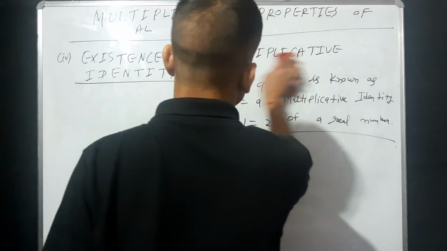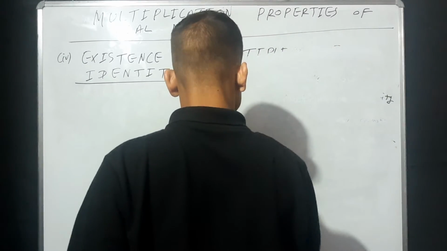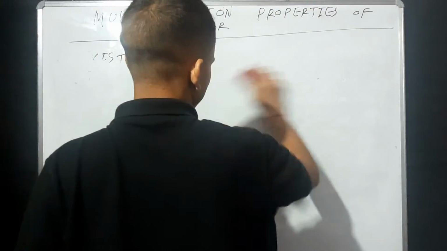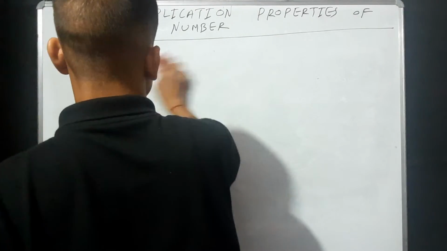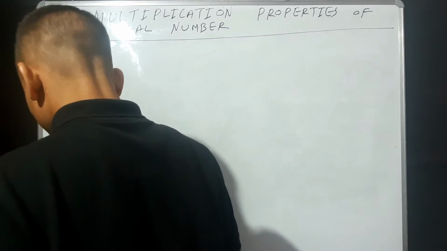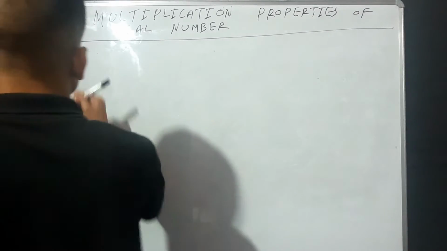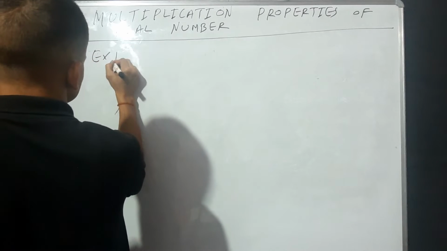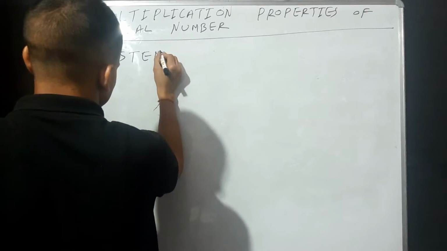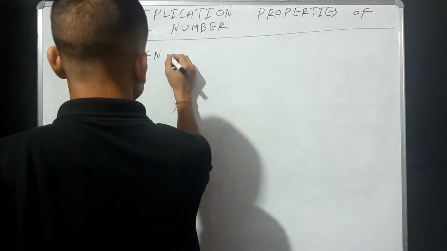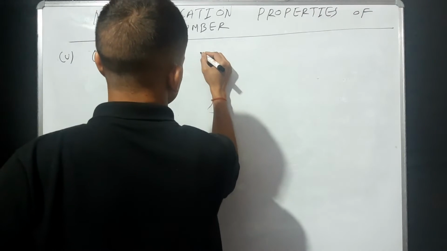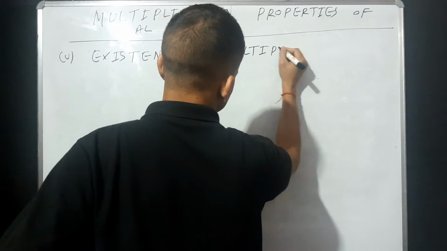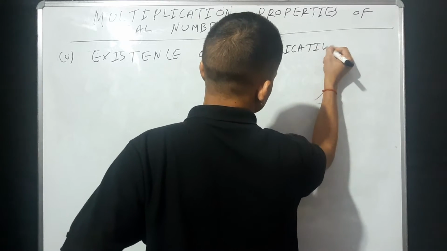Now the property number 5. What is the fifth property? Existence of multiplicative inverse.